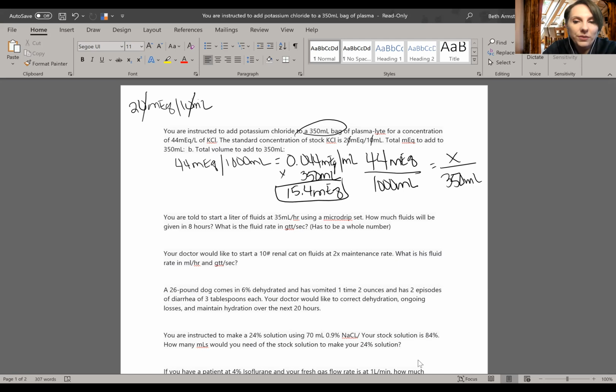So we take our 15.4 and divide that by 2 milliequivalents per mL. And what do we get? 7.7 mLs.